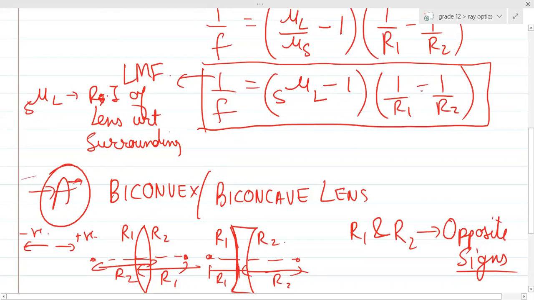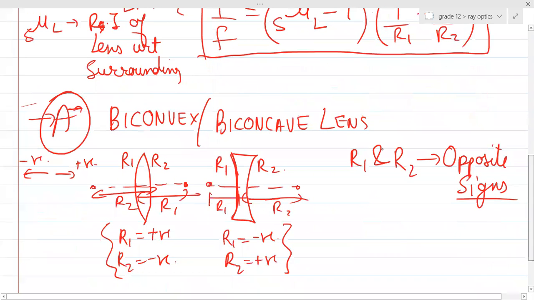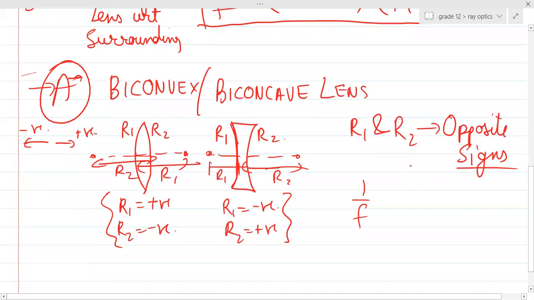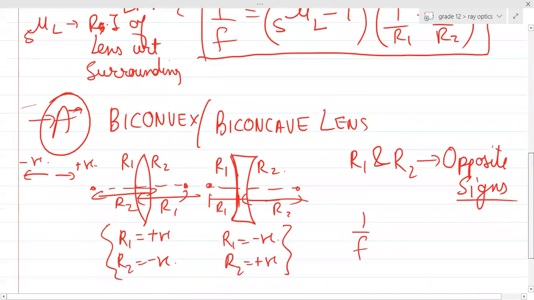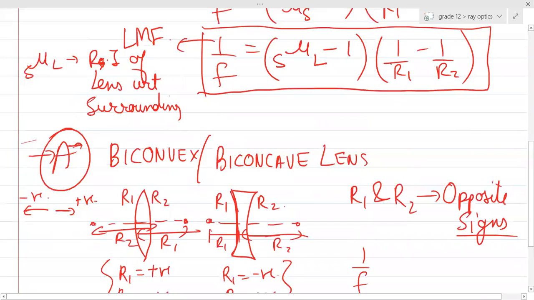So there will be a plus sign over here, although a complete negative sign can be taken out, right? But since I'm talking only about the magnitude, 1 by R1 minus 1 by R2 will become 1 by R1 plus 1 by R2.